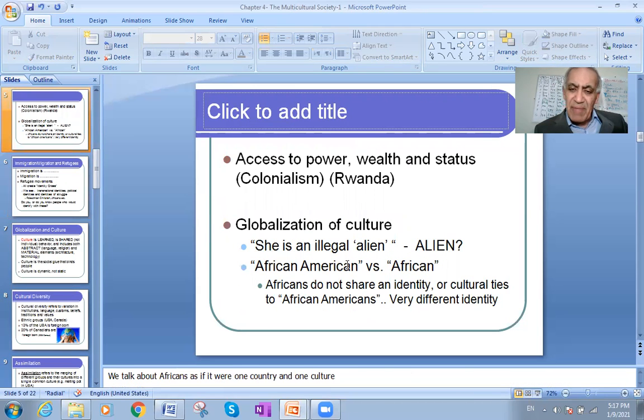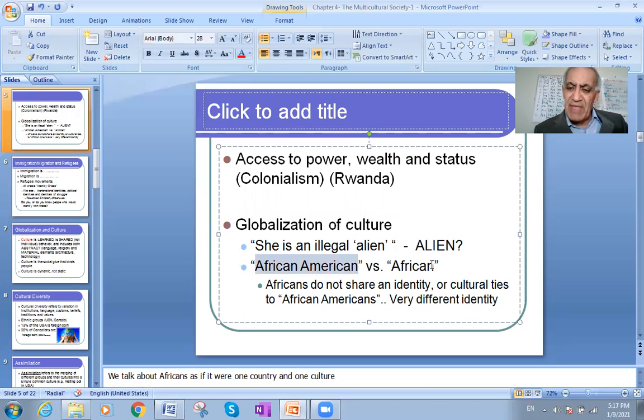We have places in the world now, like African Americans, and we have the Africans. Are they the same? Is the African American exactly a copy of the Africans? Africans do not share an identity or cultural ties with African Americans.